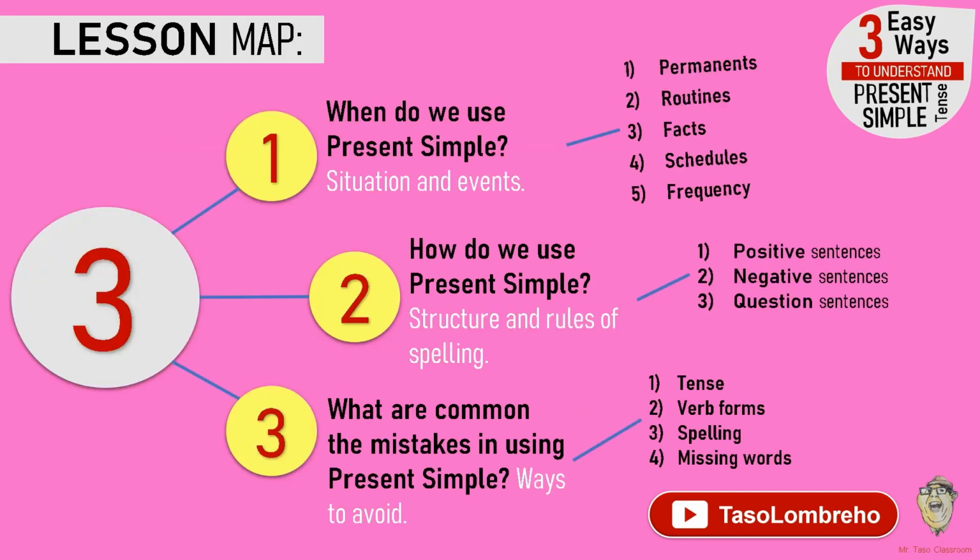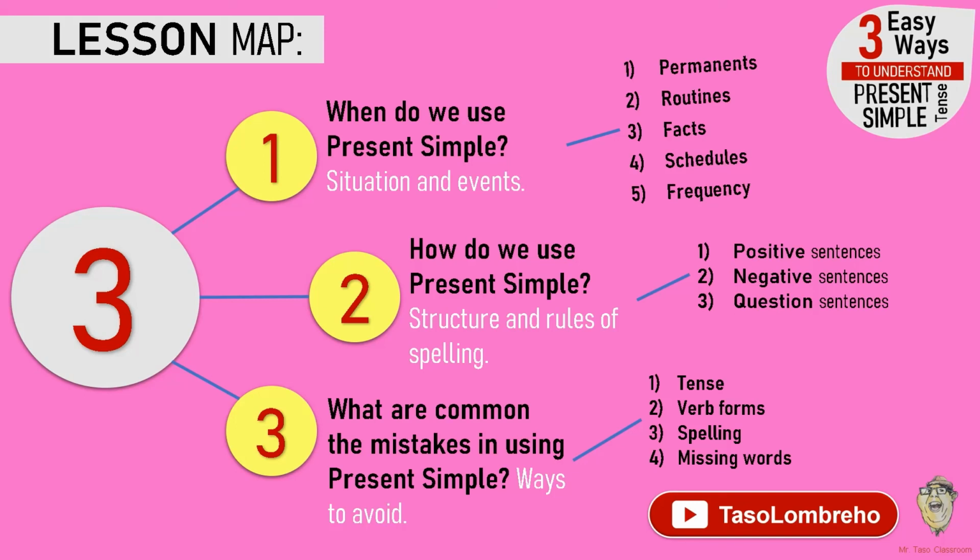So I think we have come to the end of our discussion about the 3 easy ways to understand present simple. And here is the lesson map of today's lesson. So there are 3 questions we should remember when we use present simple. The first one is, when do we use present simple?